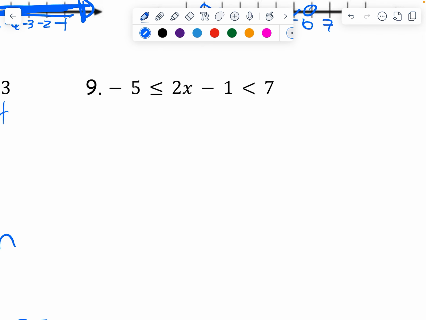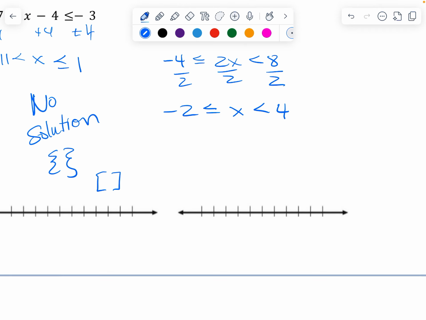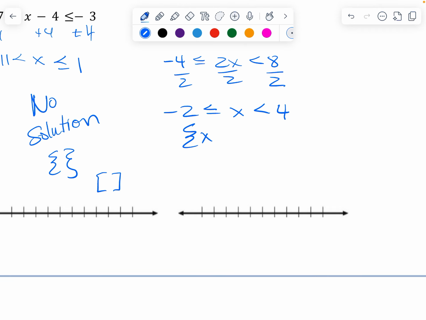Okay, over here, add 1. I have negative 4 is less than or equal to 2x, which is less than 8. Divide by 2. Negative 2 is less than or equal to x, which is less than 4. Set builder.